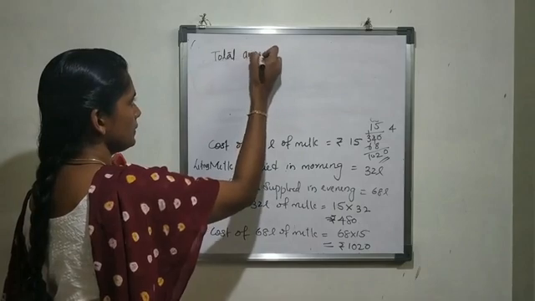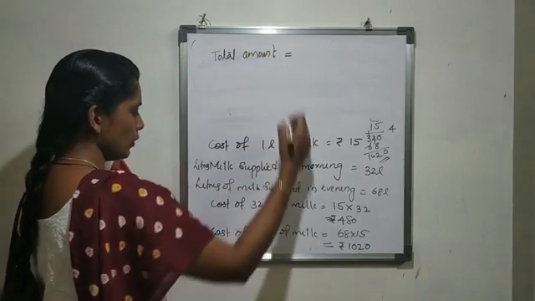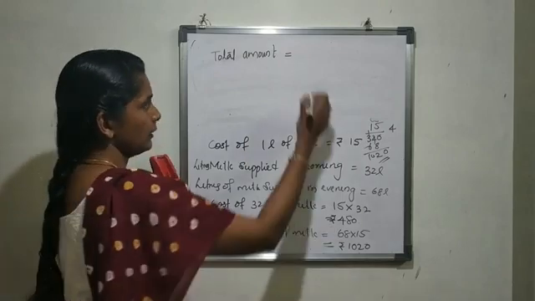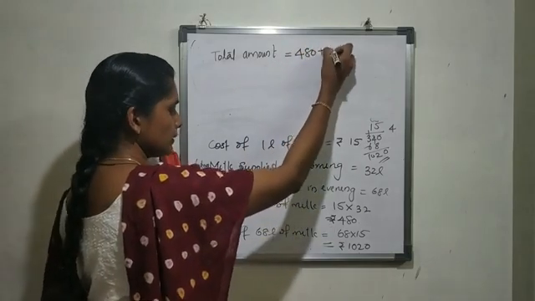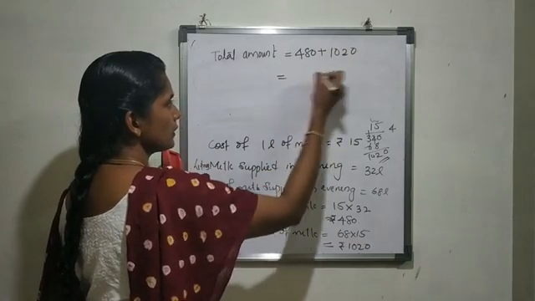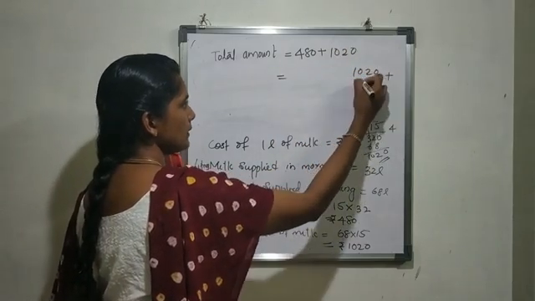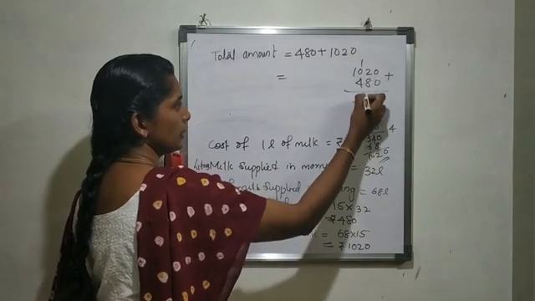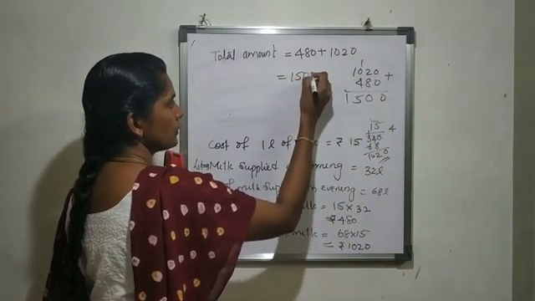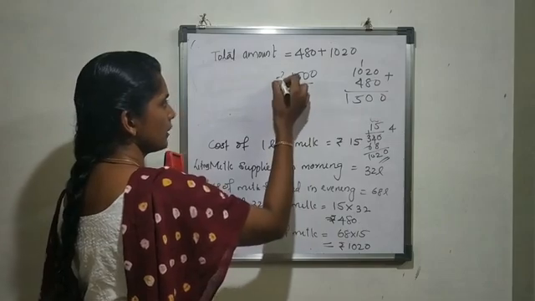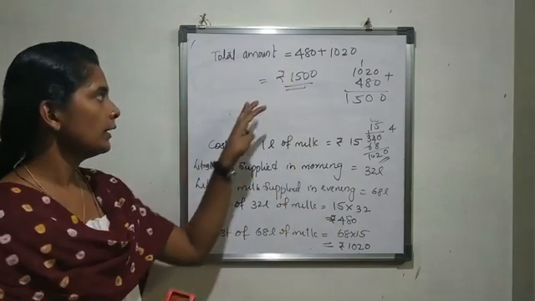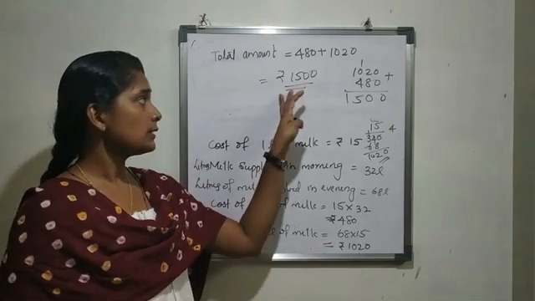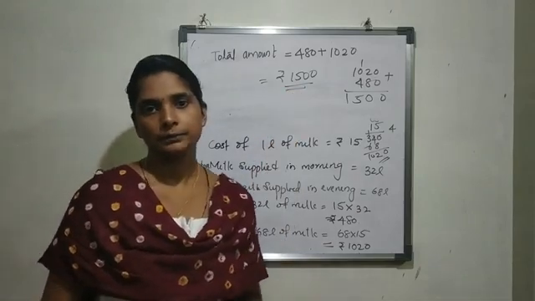Total amount means cost of 32 litre plus cost of 68 litre. It is 1600 plus 3400, which is 5000. For one day, the cost of that milk is 5000.